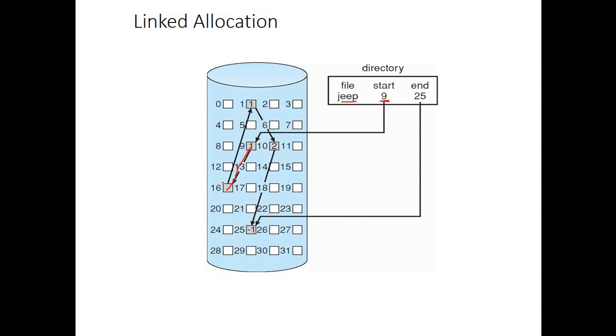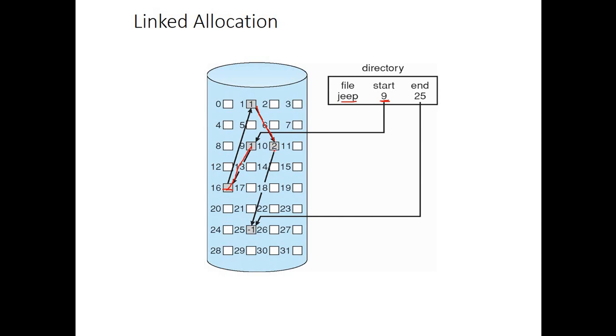Block 16 will hold a part of the file, and the last entry in 16 will hold the address of the next block. Again, this block will hold a part of the file, and its last entry holds the address of the next block. From there it will go to block number 10.